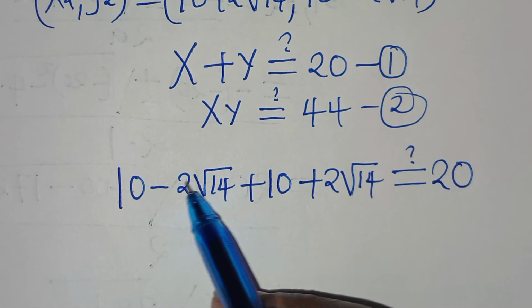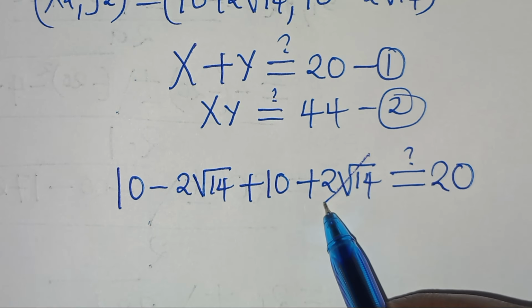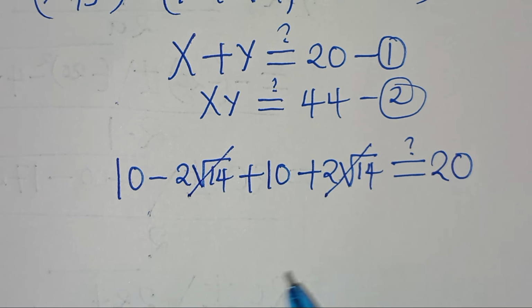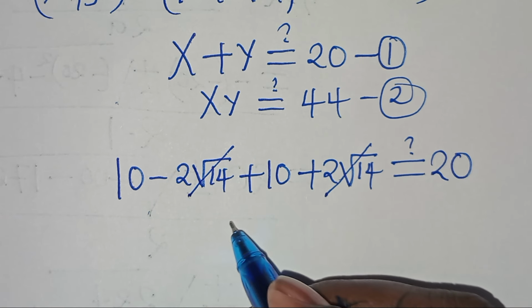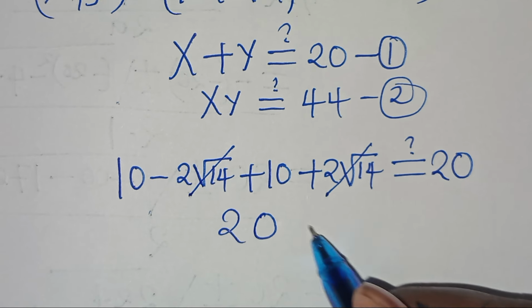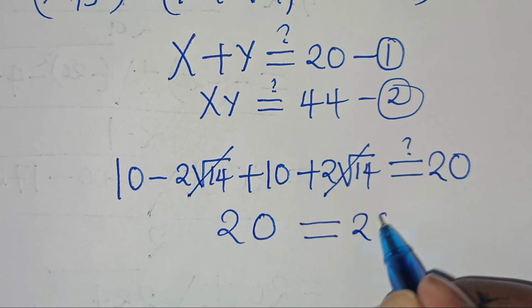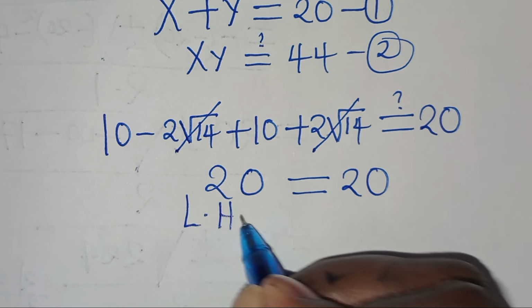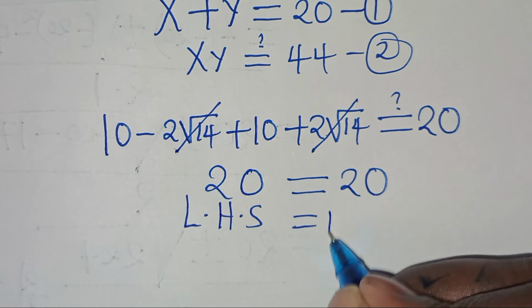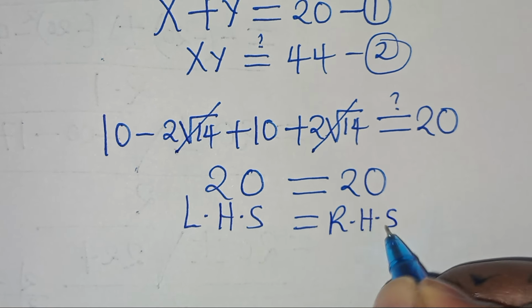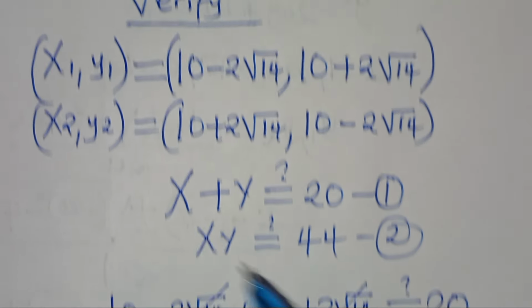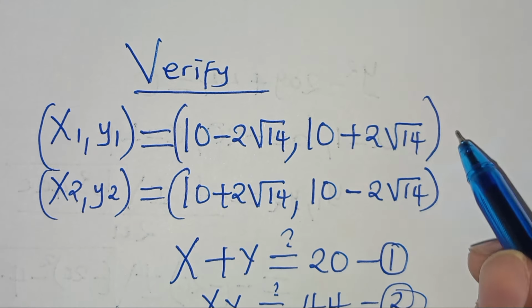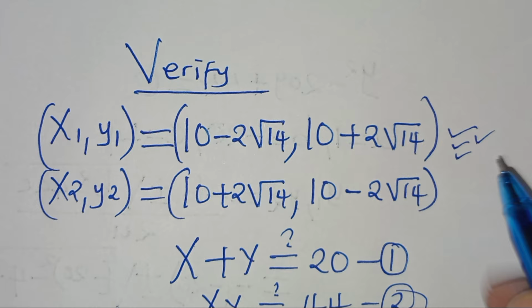So minus 2 square root of 14 plus 2 square root of 14, this simplifies. Then we have 10 plus 10, this is equal to 20, which is equal to 20. So this clearly shows that the left hand side is equal to the right hand side. And that affirms that x1, y1 satisfies the equation.